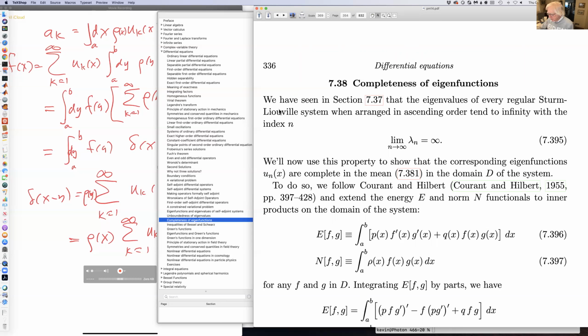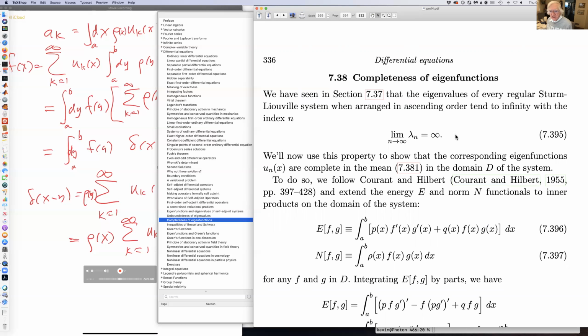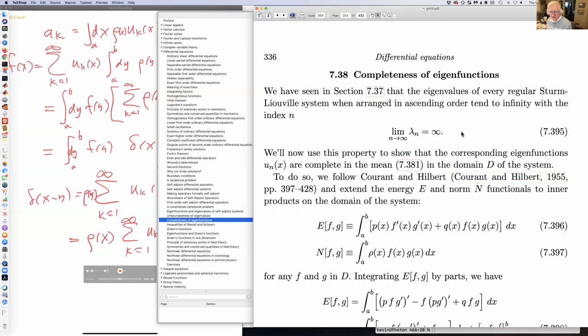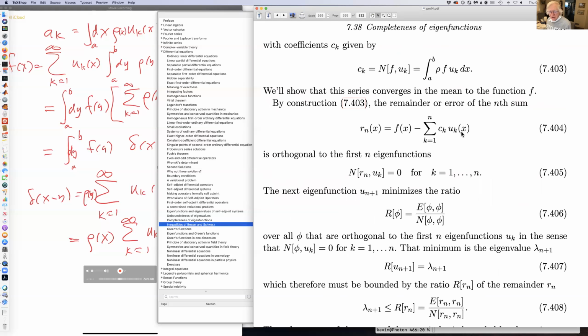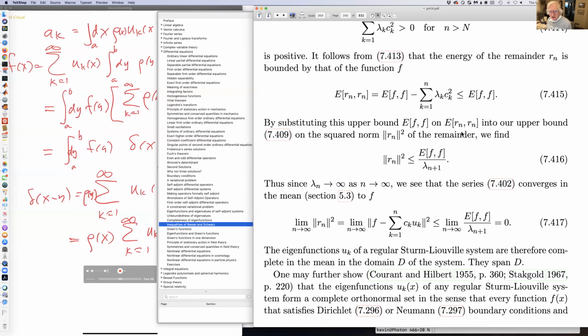They're just so awkward somehow. Anyway, if you have a Sturm-Liouville system, and the eigenvalues go to infinity, if you arrange them in ascending order, and let n go to infinity, if lambda n goes to infinity, then the eigenfunctions are complete. So we showed that last time.